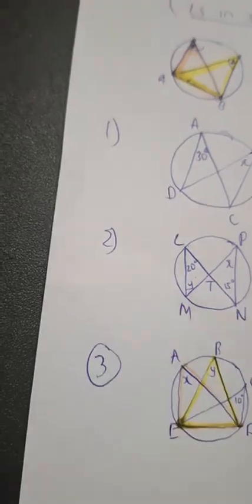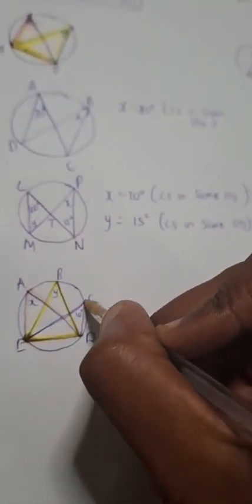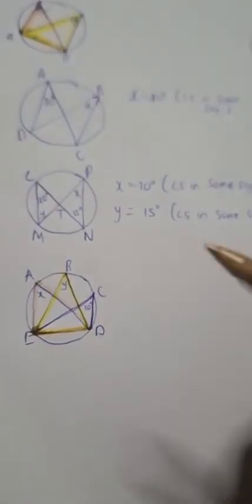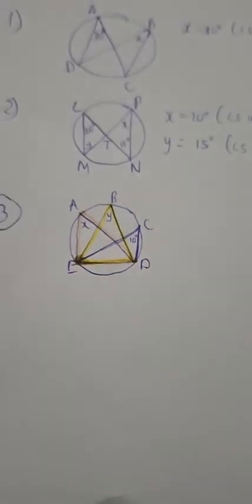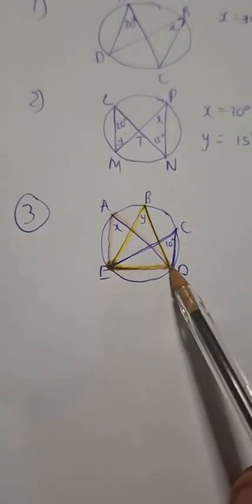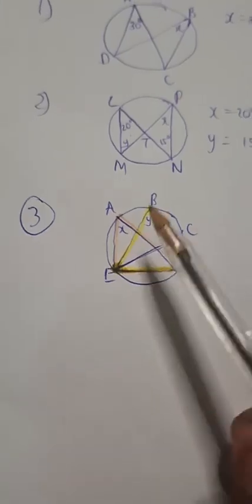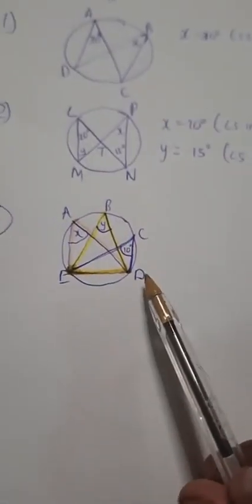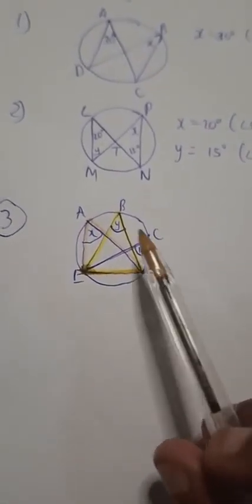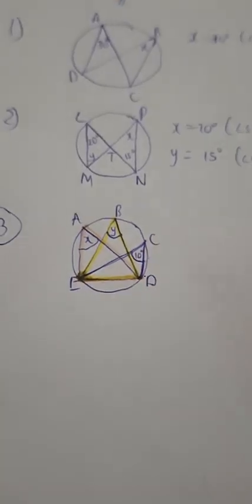And then the very same one is also subtending for this one. So there are three angles that this chord is subtending. It's subtending angle A, angle B, and angle C. And fortunately, one of the angles we know, which is angle C.